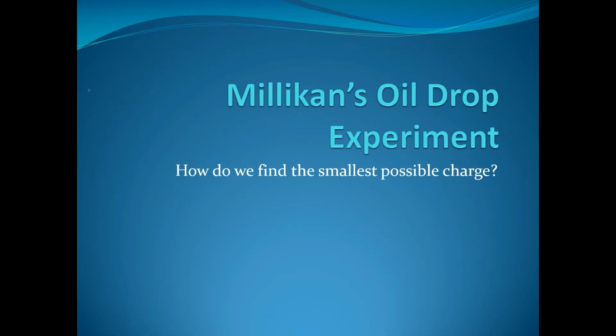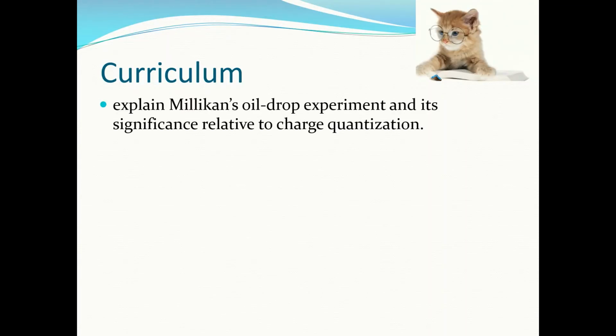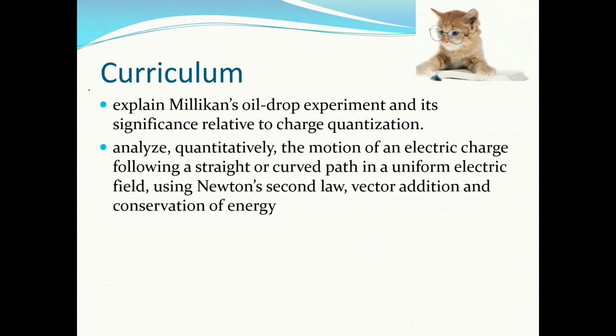So this lesson is Millikan's oil drop experiment, and it's talking about how do we find the smallest possible charge, which is our first talking of the word quantum. Ooh, scary word. So explain Millikan's oil drop experiment and its significance to relative and charge quantization, new word.